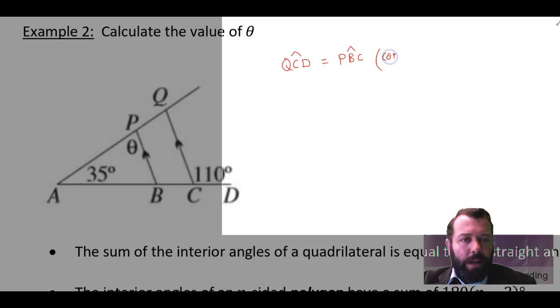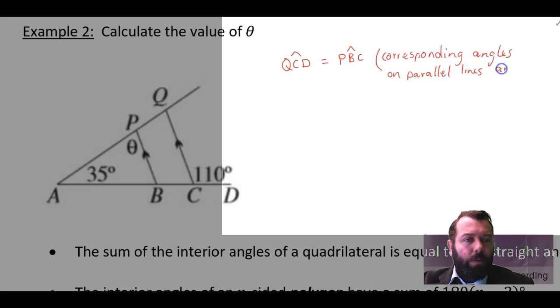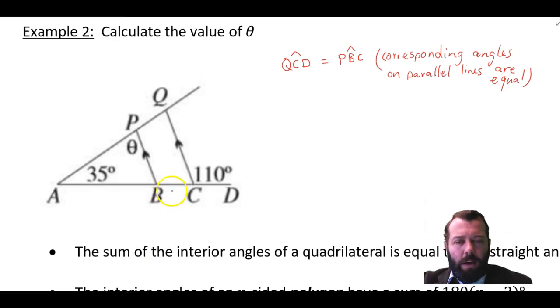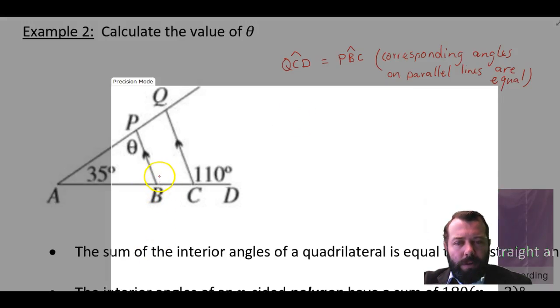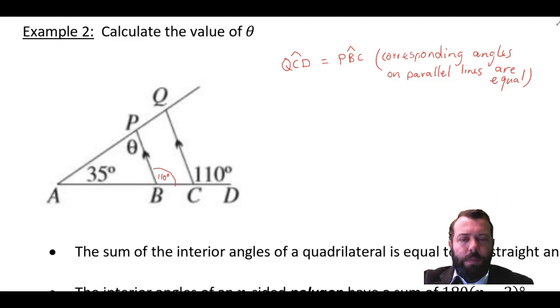Because corresponding angles on parallel lines are equal. Righto, first thing done. Now I might want to jump in here and put a little 110 there, just to remind me, a bit of a visual clue.